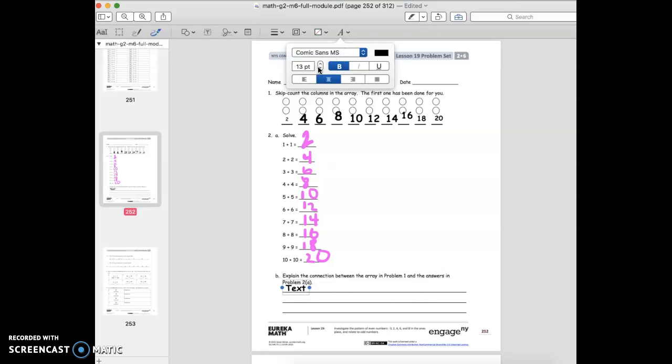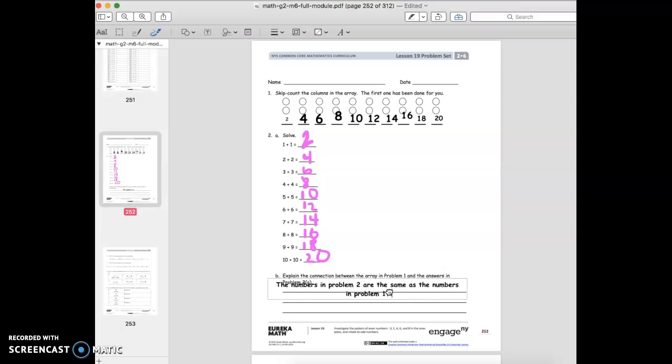The same exact numbers. So we can say the numbers in problem 2 are the same as the numbers in problem 1.